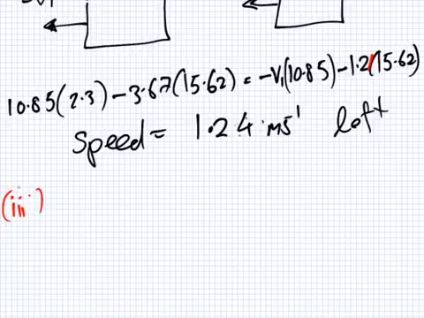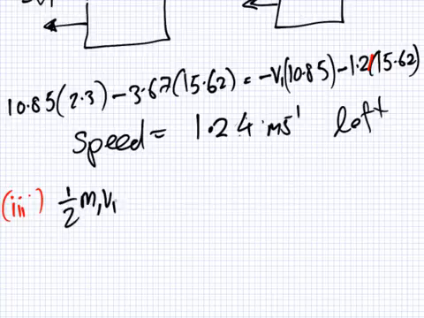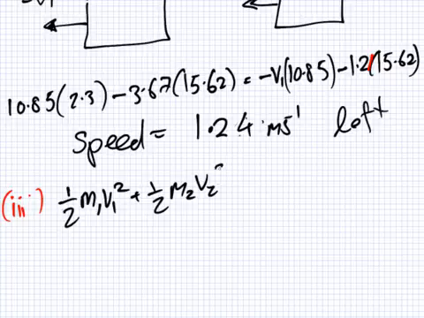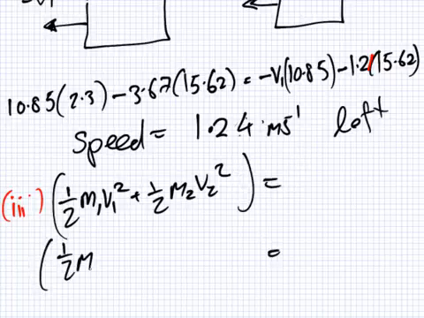Well, it'll lose kinetic energy. It'll be a half m1 v1 squared plus a half m2 v2 squared. That's the kinetic energy afterwards. So let's calculate that. And then the kinetic energy beforehand will be a bigger number.